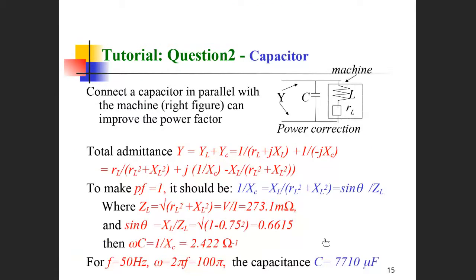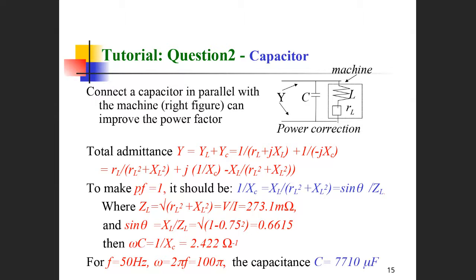The power factor is the cosine of the impedance angle, the system impedance angle.